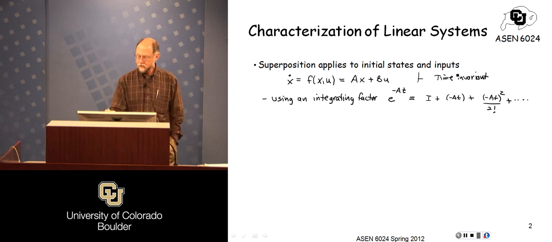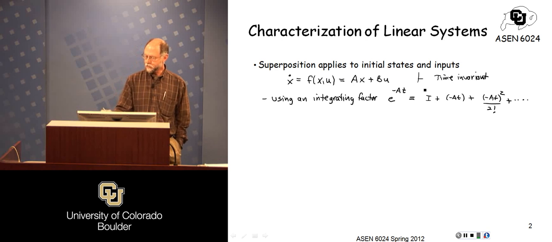Okay, so this e to the AT is a compact expression for this crazy series. It's a matrix infinite series. But it turns out there's a lot of stuff you can do to show that this thing acts just like a scalar exponential function, even though it isn't anything like that. It's this weird series, but it has all these same sort of properties.